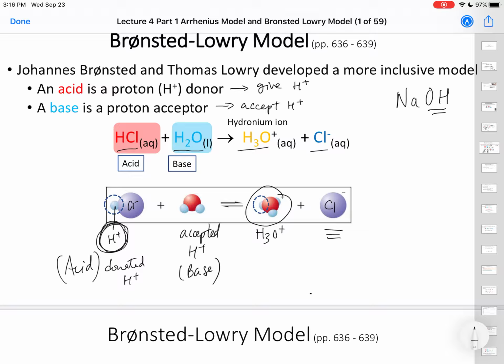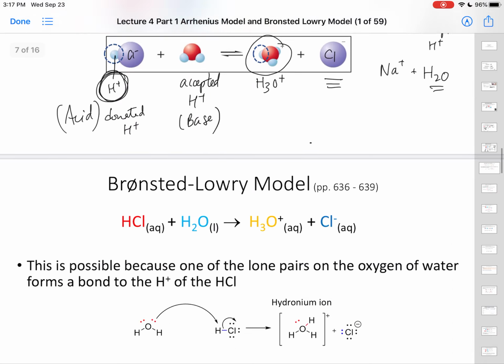Because think about it, if you have H plus and NaOH, the OH can accept the H plus, and it forms Na plus and water. H plus and OH minus together form water. So the OH does accept H plus. So in this case, NaOH is still a base. It just includes more things, and we're going to see what we're talking about in just a second.